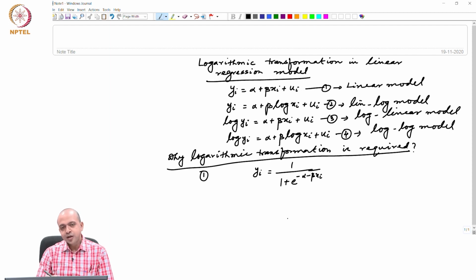We can linearize this model by logarithmic transformation. How to do it? Let us say that we are doing yi divided by 1 minus yi equals 1 minus 1 by 1 plus e to the power minus alpha plus beta xi.